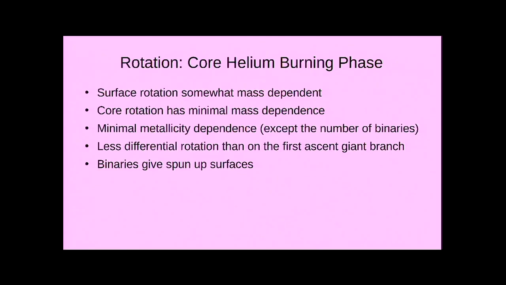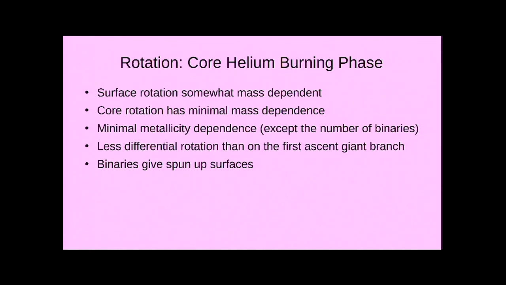Okay, so in the core helium burning phase, we see surface rotation that is somewhat mass dependent. We see core rotation that has minimal mass dependence, which doesn't make any sense, but fine. There's minimal metallicity dependence, except maybe the number of binaries. And there is less differential rotation between the core and the envelope than we saw in the first ascent giant branch. So the core and the envelope must have started talking again.